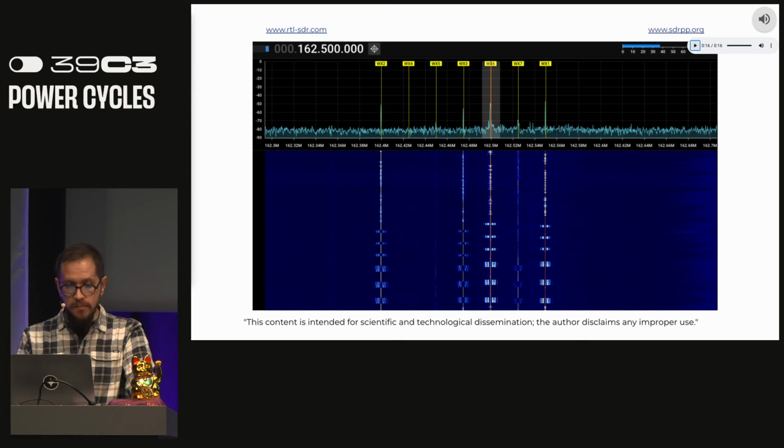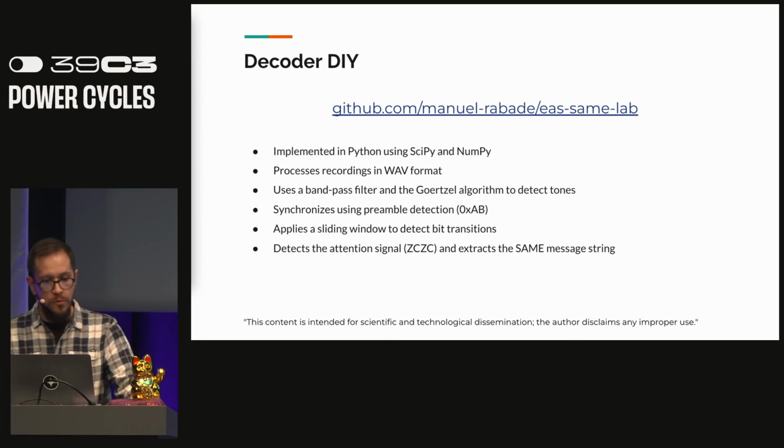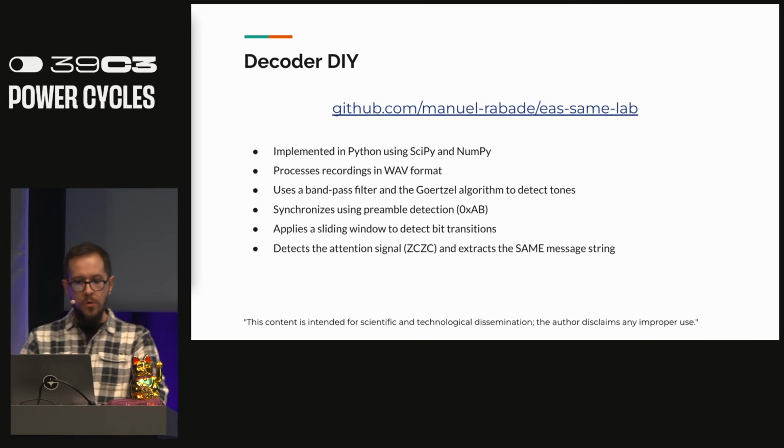So I built my own decoder in Python, just for fun. You can see it on my GitHub page. It processes recordings in a waveform file, uses a passband filter and the Goertzel algorithm to detect the tones.